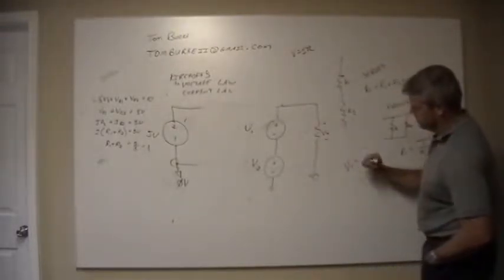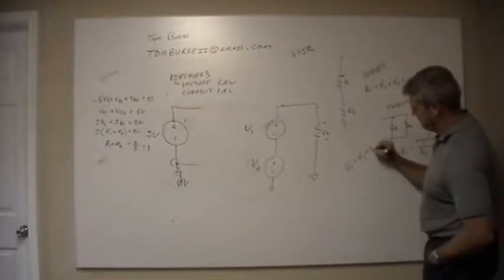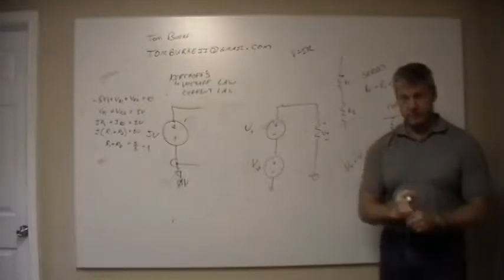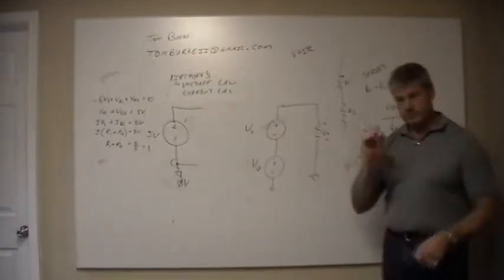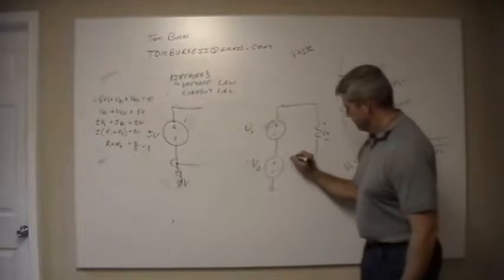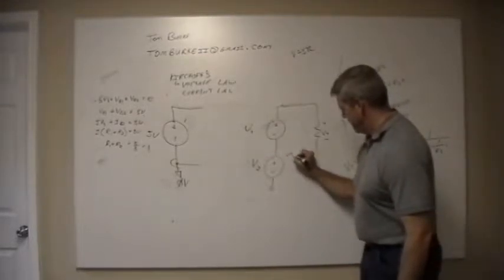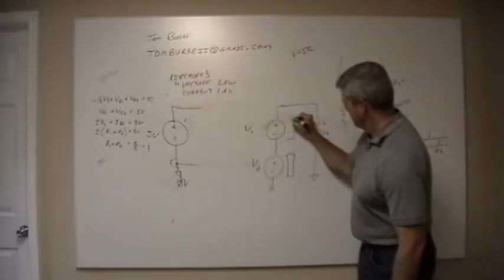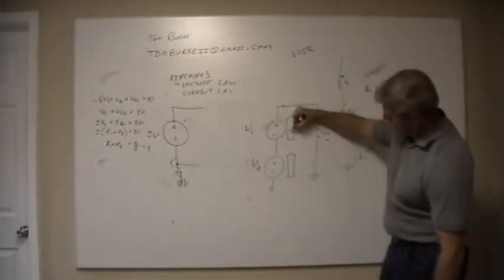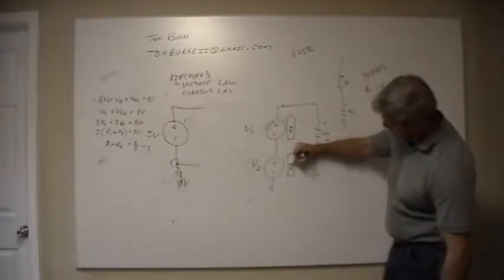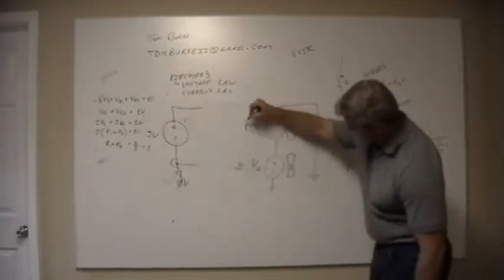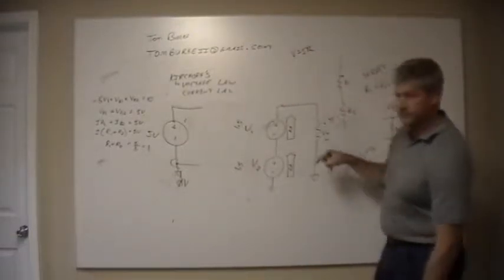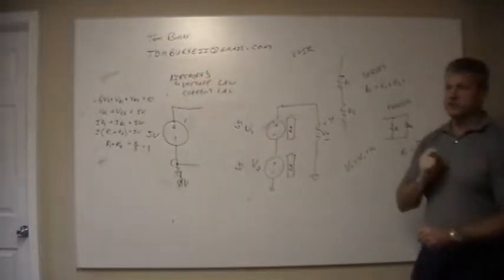V total is equal to V1 plus V2. One AA battery is 1.5 volts. Put two of them together end to end. That's 1.5 volts, that's 1.5 volts, and this is 3 volts.